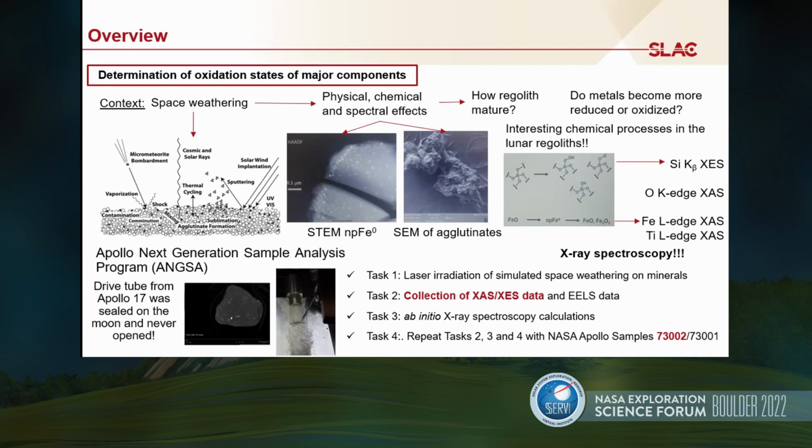So one of our questions is to try to understand how the regolith matures, but also what happened with the metals on the Moon. Do we have more reduced or more oxidized species? It's very interesting to understand all the chemical processes in the lunar regoliths.